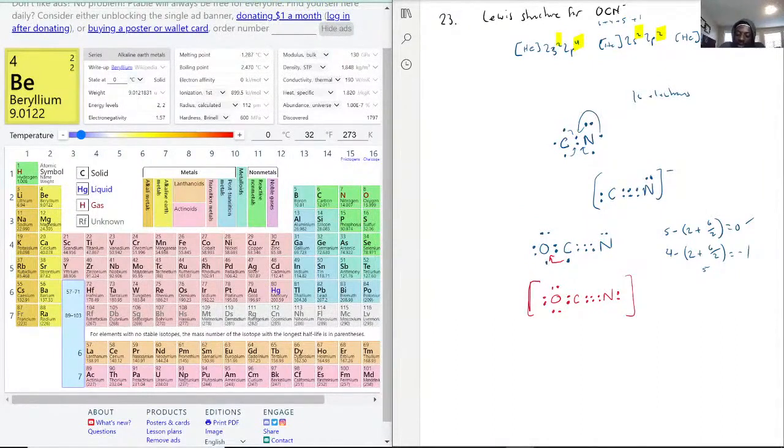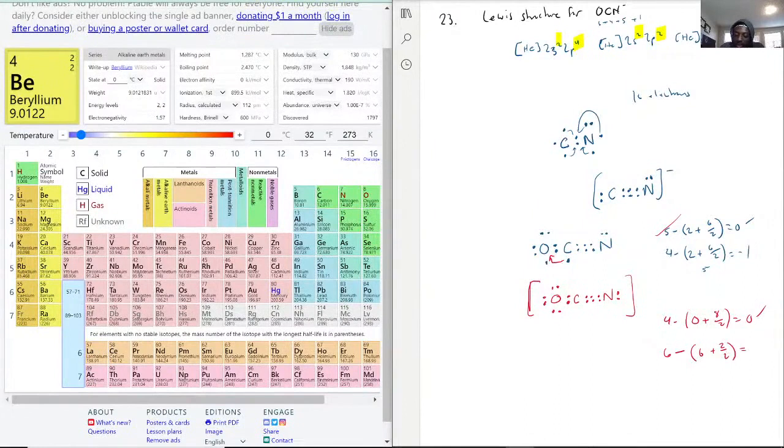Now let's actually do the math real quick. Nitrogen stayed the same, so we don't have to do that again. Carbon now is going to be 4 minus, now sharing 8, over 2, so it's going to equal 0. Perfect. But where's that negative 1 charge? Let's look at the oxygen. 6 minus 6 plus 2 over 2, because it's only sharing 2 electrons.